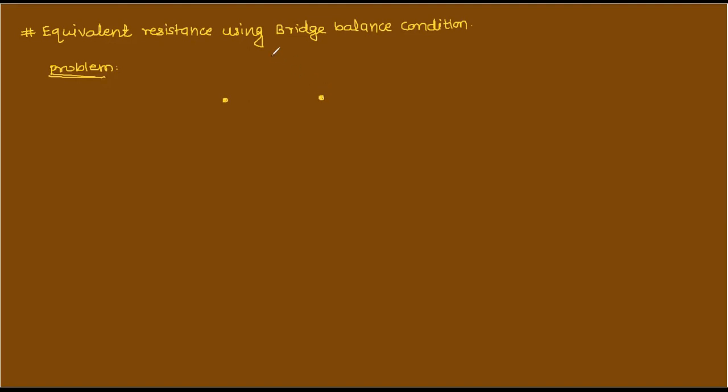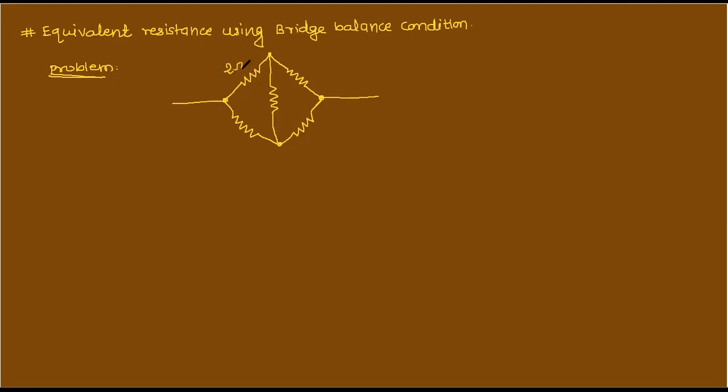They are giving a bridge like this. This is the first resistor, this one is the second resistor, this one is third, this one is fourth, and in between they also give some resistor value, like this network.